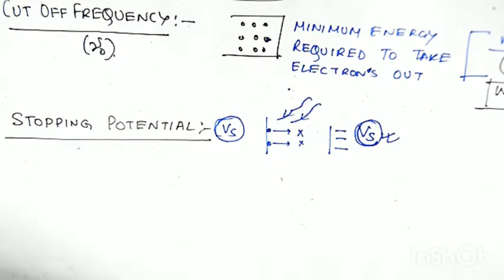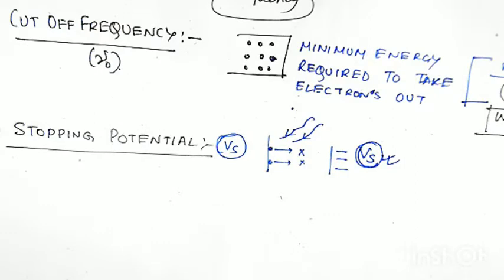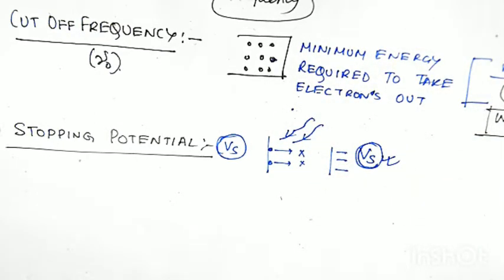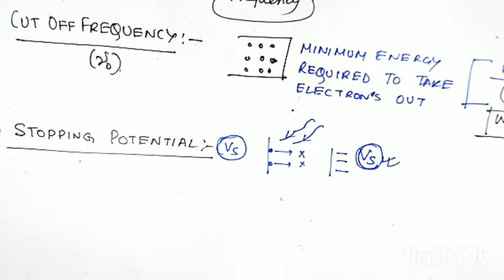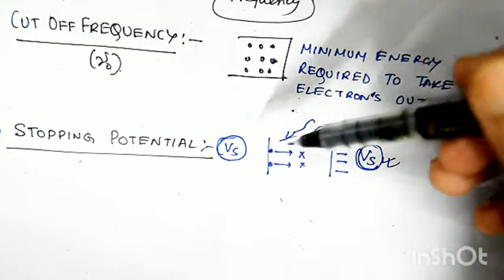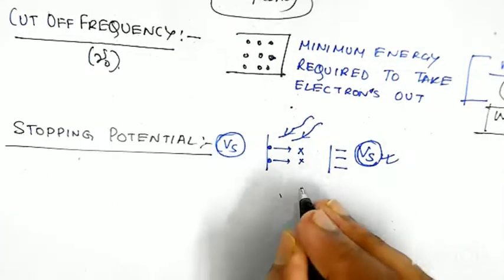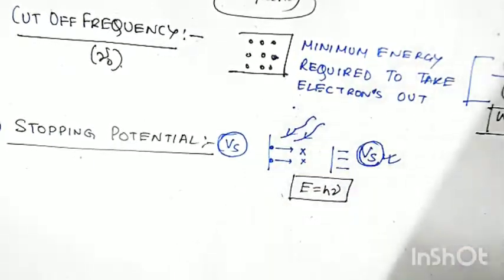You remember that if I increase the frequency, then again some electrons were able to reach there, but if I increase the intensity, no more electrons reached there. Why? Because if I increase the intensity, the number of quanta increases, but the energy carried by each quantum, which is E equals h nu, depends on frequency.